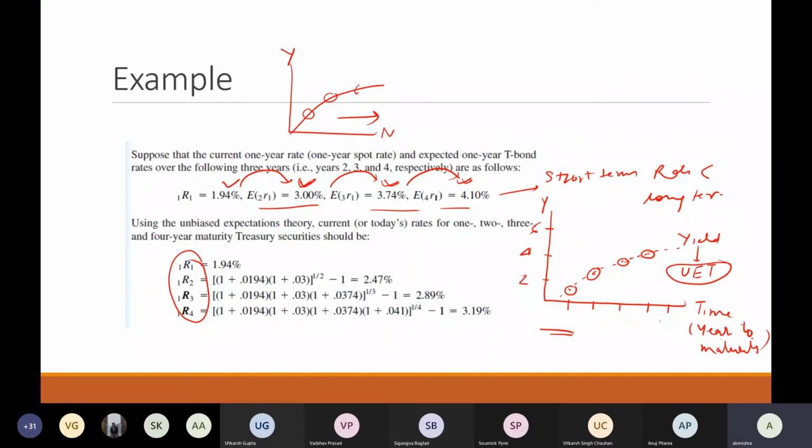So even if I'm a rational investor, I assume that in future my dollar value should go up because of certain reasons. I'll be expecting a higher return as I select a long maturity instrument. So this is what this theory argues.